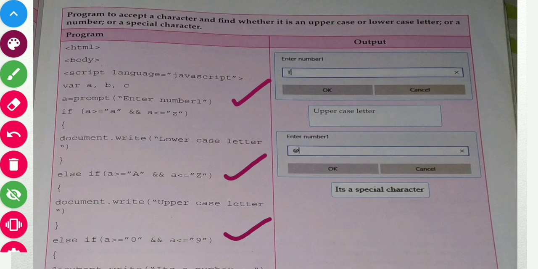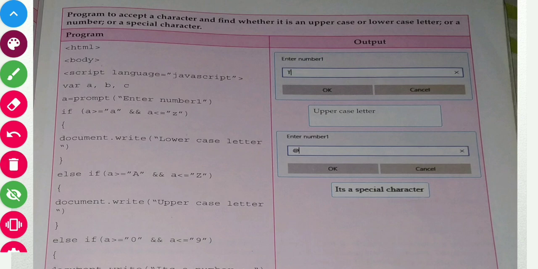A is greater than or equal to small a, and the ampersand sign means both conditions should be true, then only the result will execute. And a is less than or equal to z, which means we are checking whether the letter belongs to small a b c d, that means lowercase. If any letter comes under this condition, then you will get the message: lowercase letter.